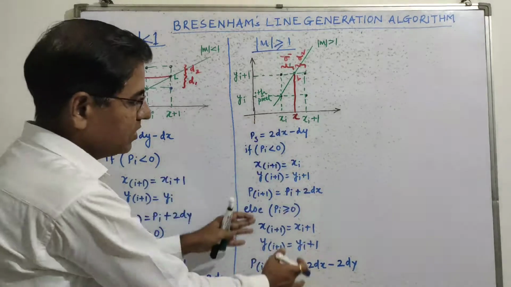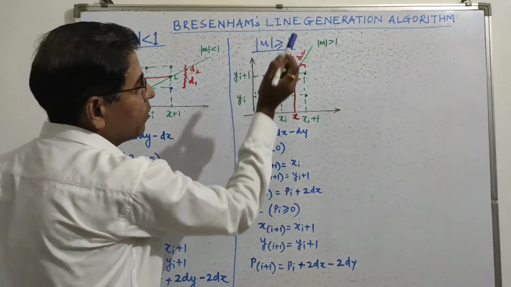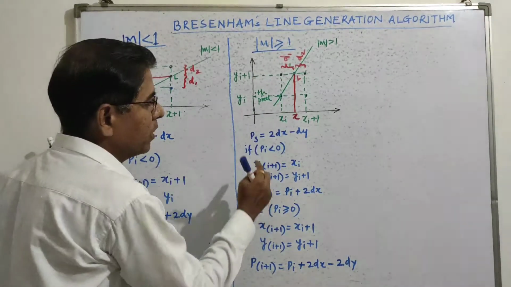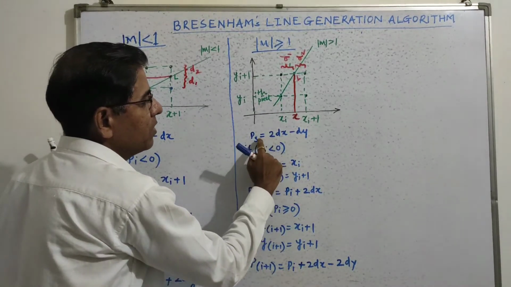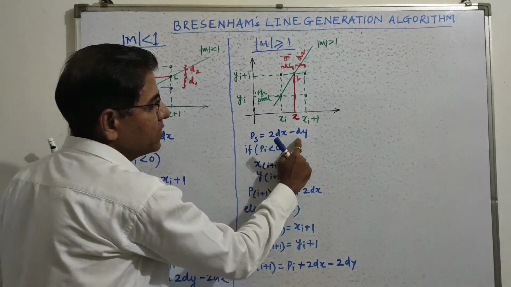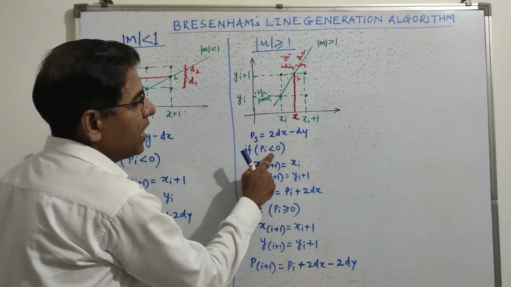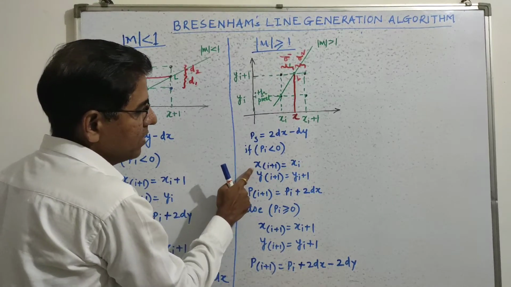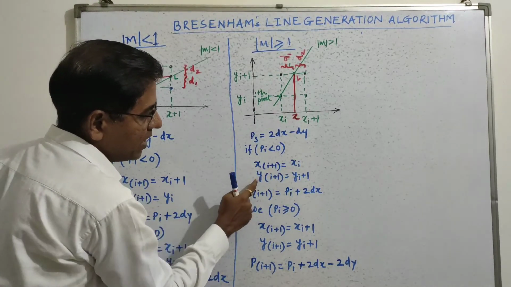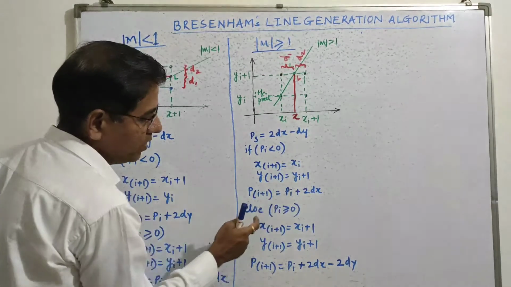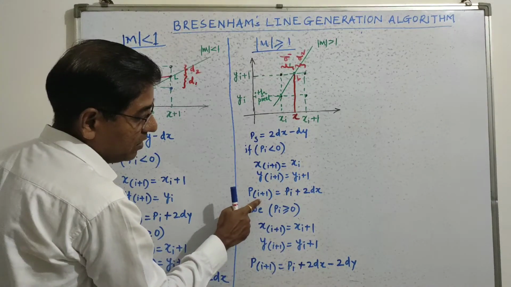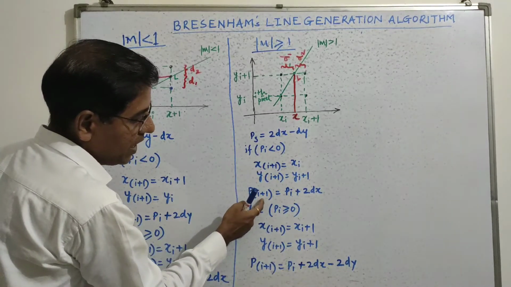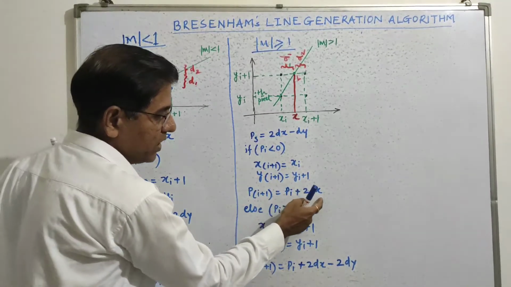Now this is for m greater than or equal to 1, when the slope of the line is greater than or equal to 1. The start decision parameter is 2 dx minus dy. If pi is less than 0, that means d1 is less than d2, and in that case xi plus 1 is equal to xi, yi plus 1 is equal to yi plus 1, and the decision parameter for the next pixel is pi plus 1 is equal to pi plus 2 dx.